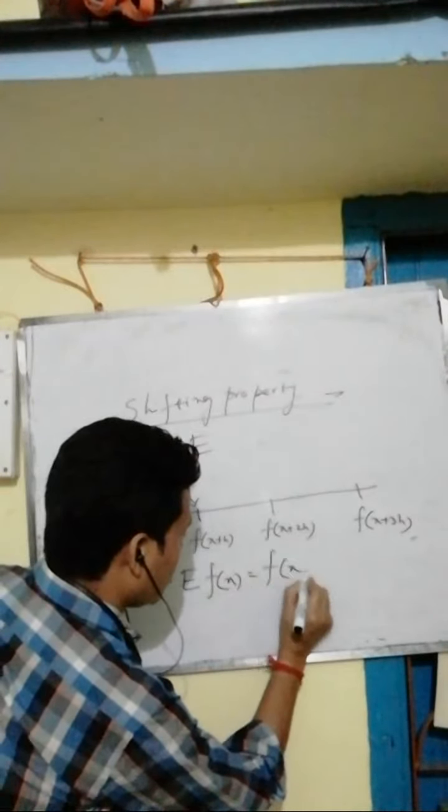Clear? So now we learn what is the value of E square f of x. We all know, if you apply the shifting operator, E f of x equal to f of x plus h. So we can write E of f of x plus h. If we apply the shifting operator on f of x plus h, it goes to the next interval, that means it will be f of x plus 2h. Clear?